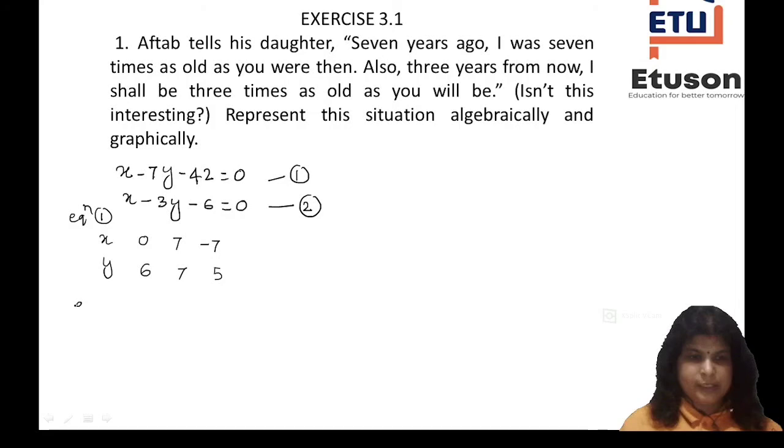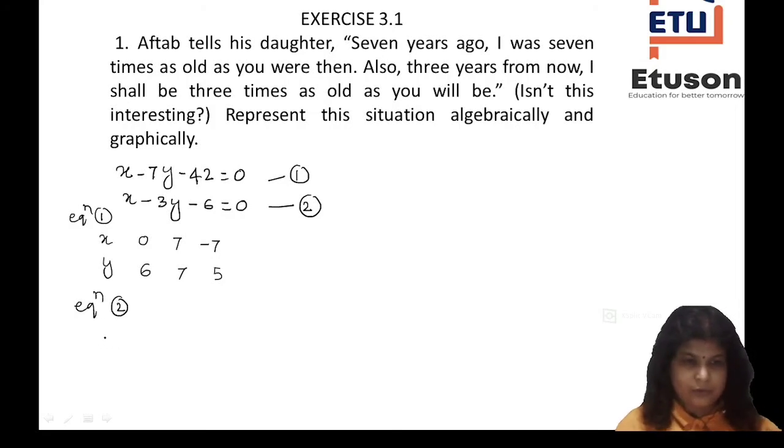So similarly for equation 2, let us find out some points. Put x is equal to 0 in the second equation, that is x minus 3y minus 6, and y is equal to minus 2.